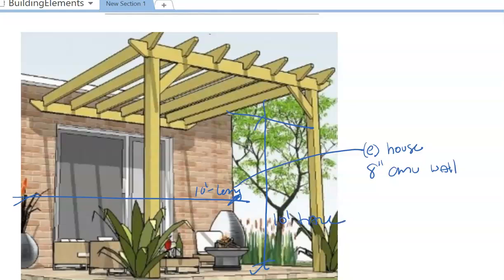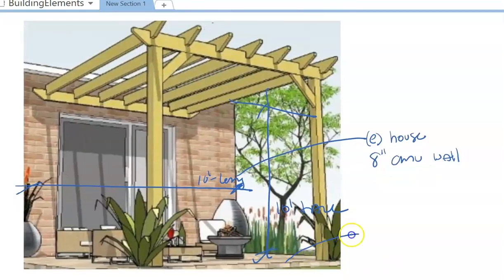And I said, you've got some extra money, and you or they have some extra money, you've been hired to design and draw this sunshade for the backyard. And so here you're going to put a slab on grade in.